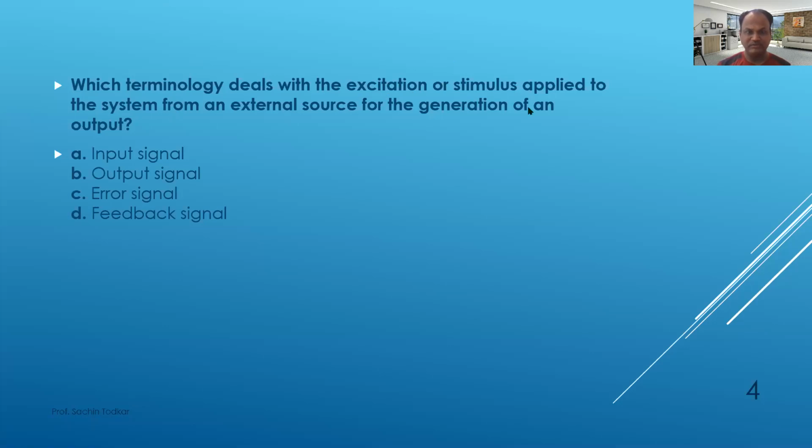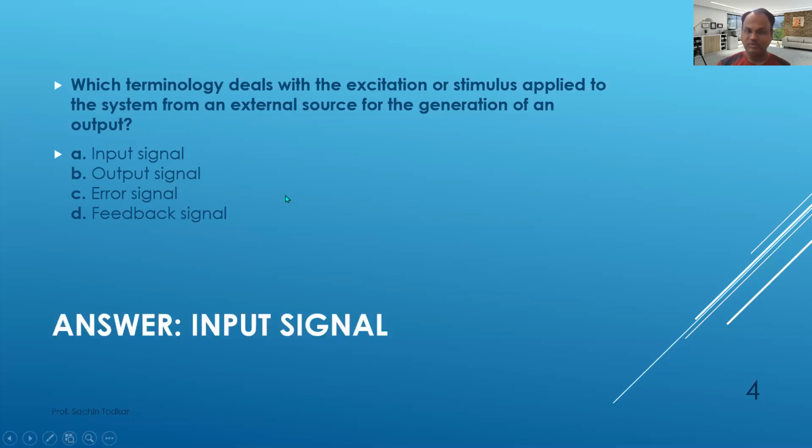We call it the input signal. We know that if there is any excitation in that system, it is the input signal for that system. So the question is heavy, but the answer is very easy: input signal.